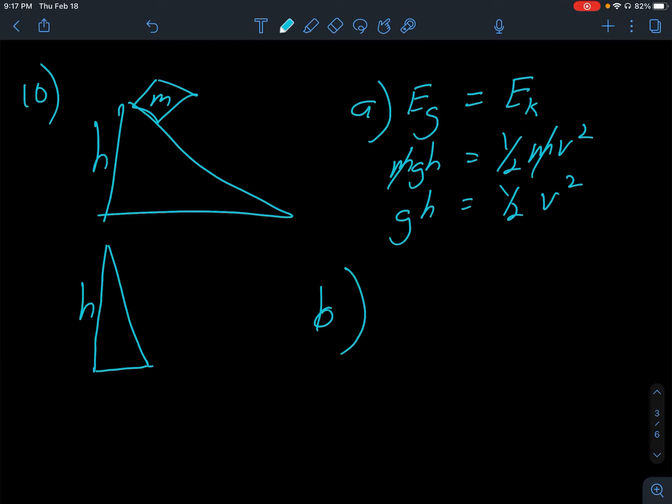Now, when we turn on friction, though, or keep it on, we add another component to our energy equation, and that's going to be thermal energy. We're going to lose some of that gravitational potential energy, meaning it's not going to go right into our motion as kinetic energy, because there's going to be friction. Our sled is going to heat up a little bit, maybe melt some of the snow as we go down.